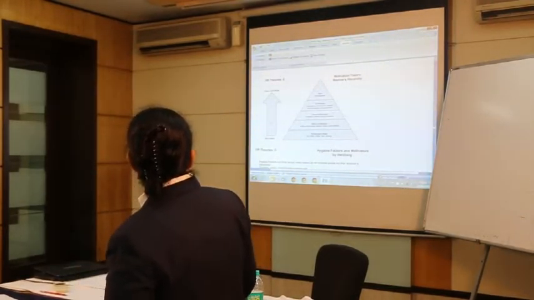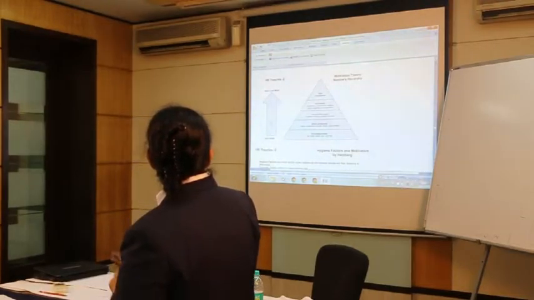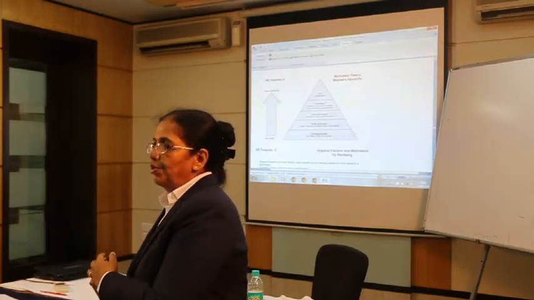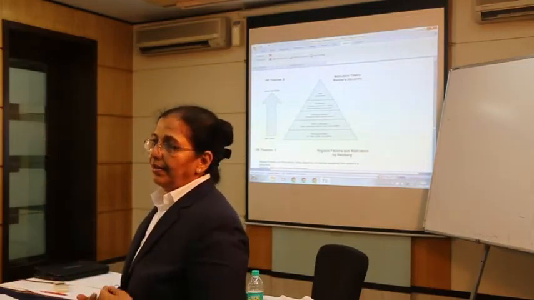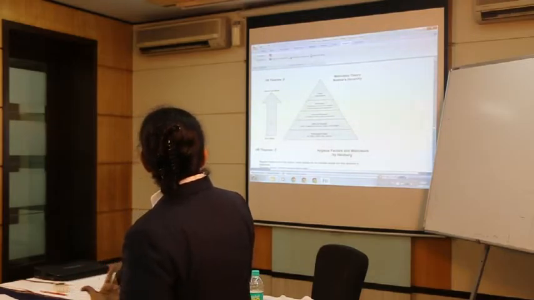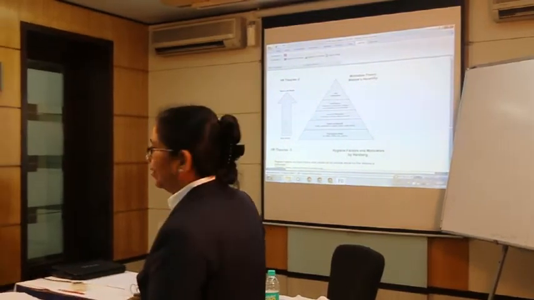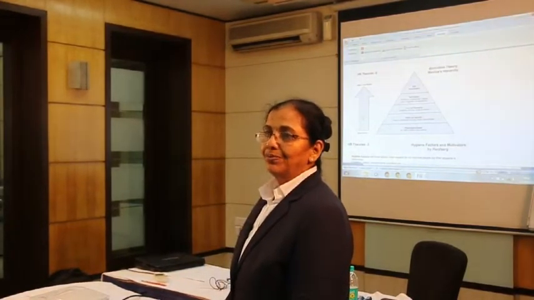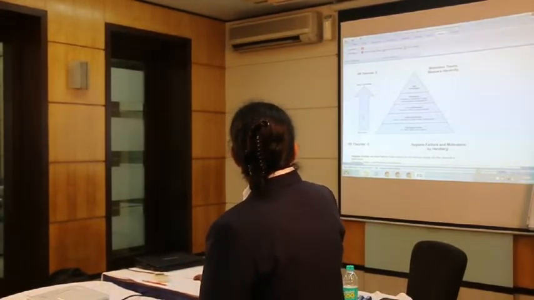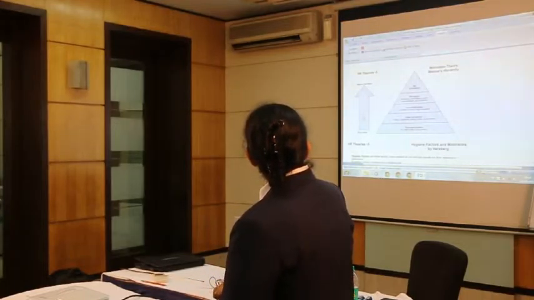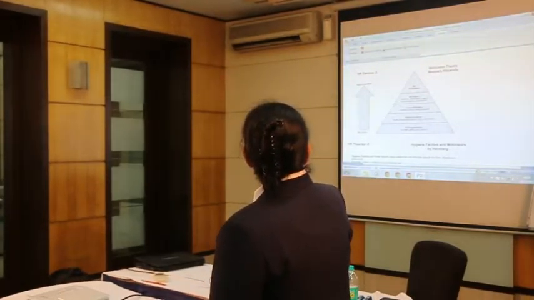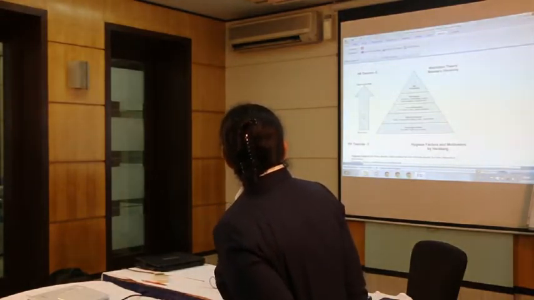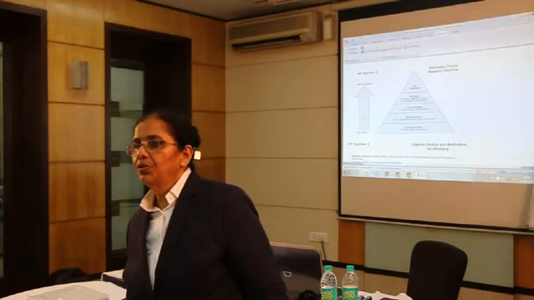So the next is love and belonging, friendship, intimacy and being connected. It's not only about you and your immediate family, you also start thinking about how people will look at you in the society. The next is self-esteem. So you have confidence, you have achieved, you have achieved respect, your work is recognized and you have job satisfaction.